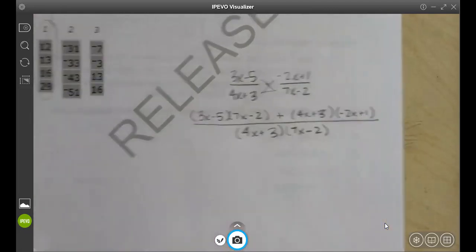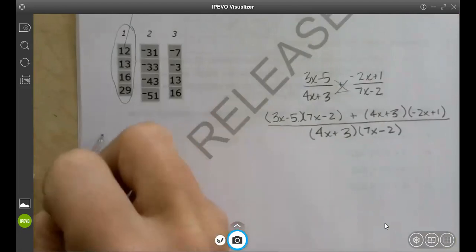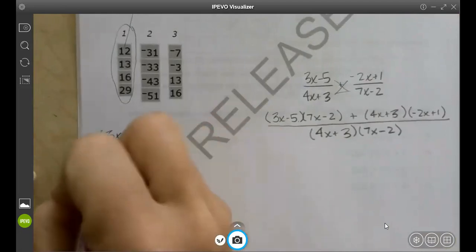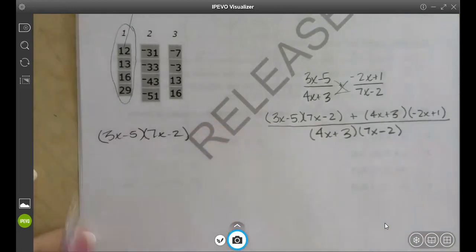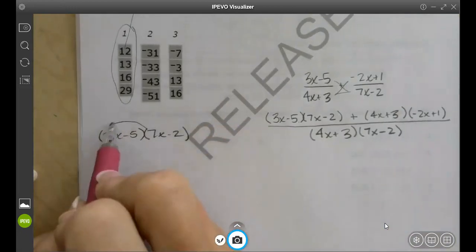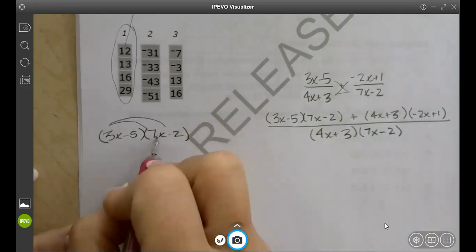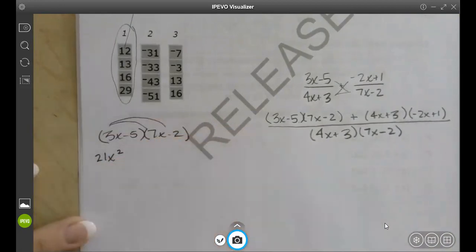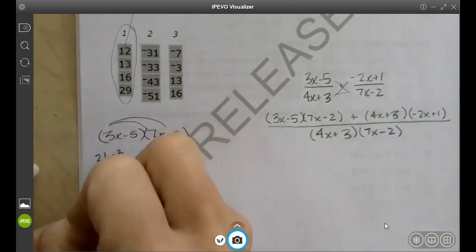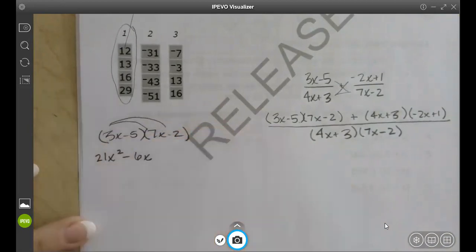So we're going to start with this one, and I'm going to go do it over here. 3x minus 5, 7x minus 2. You can do the box. I do double distribute. 3x times 7x is 21x squared. 3x times negative 2 is negative 6x.